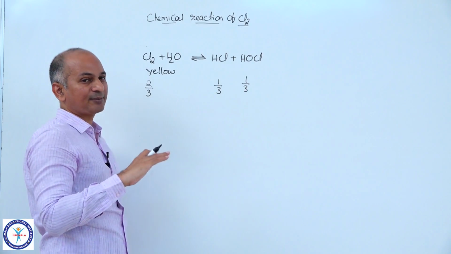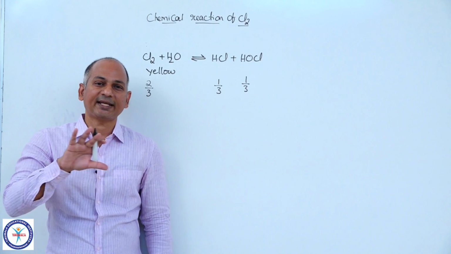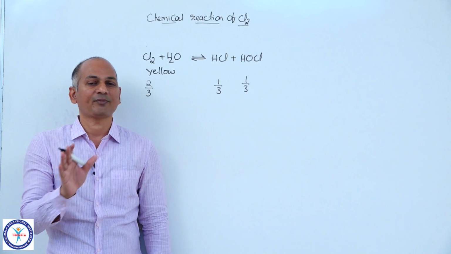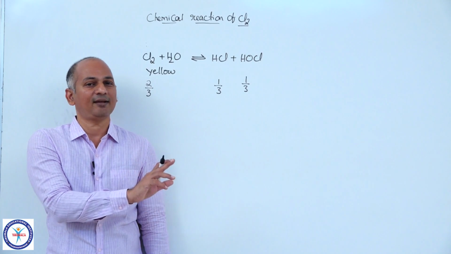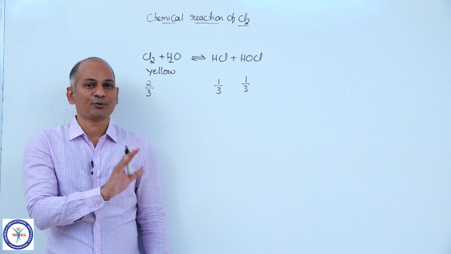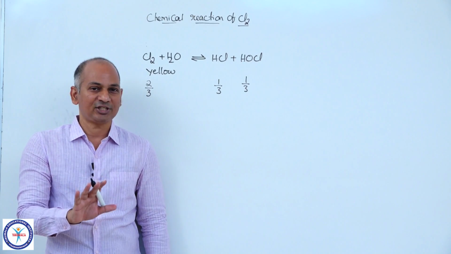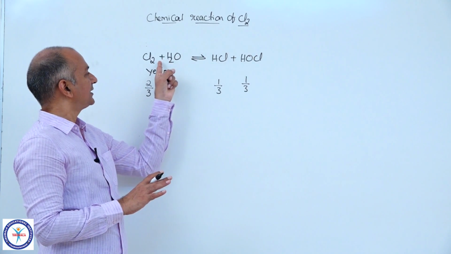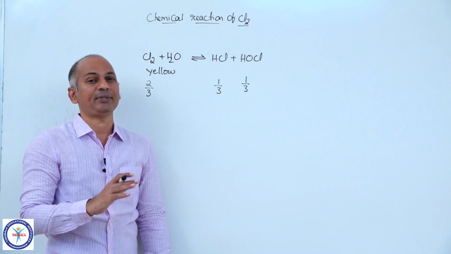Suppose you take X moles of Cl2, 2/3 of that X is left unreacted at equilibrium, and 1/3 is converted into HCl and HOCl. So the reaction of chlorine with water is not complete, it is only partial. And because of this reaction, the color of chlorine water gradually disappears.